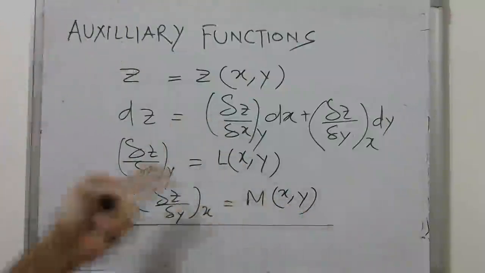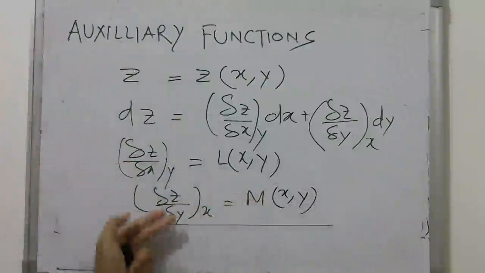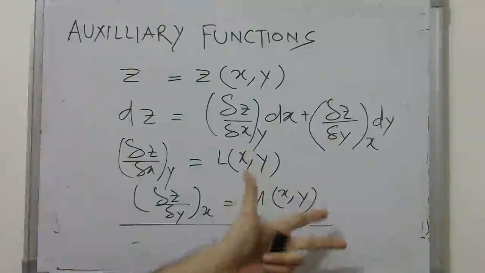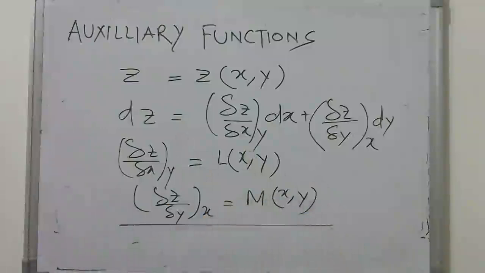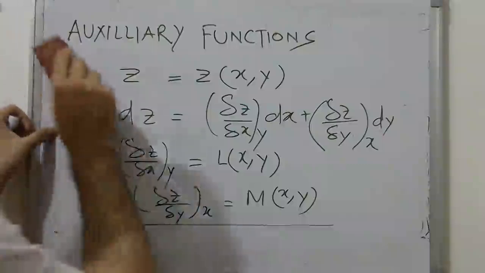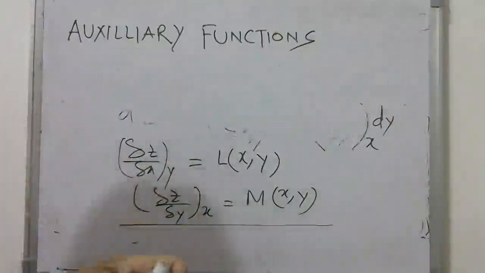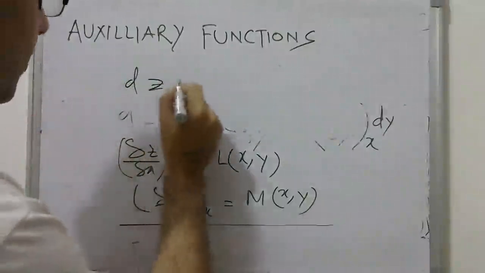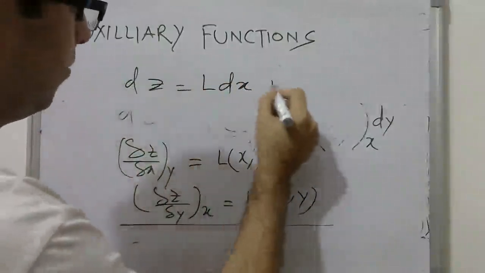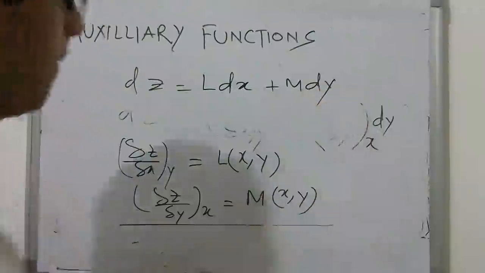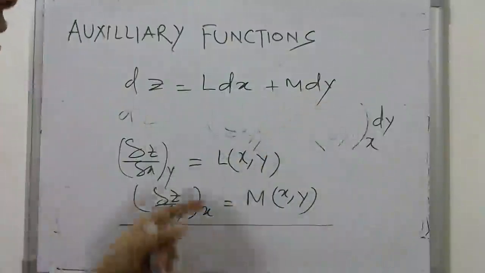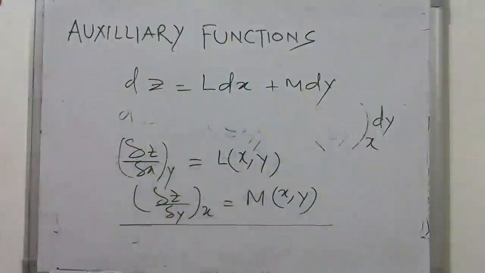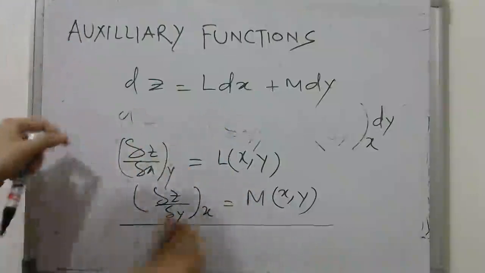If del z del x is a function of x, y and del z del y at constant x is another function of x, y, then dz can always be written as L dx plus M dy. A lot of thermodynamic functions are expressed in this way, so we'll see what it is.